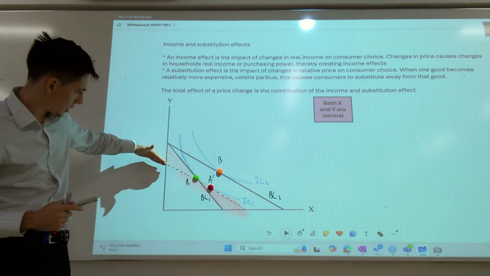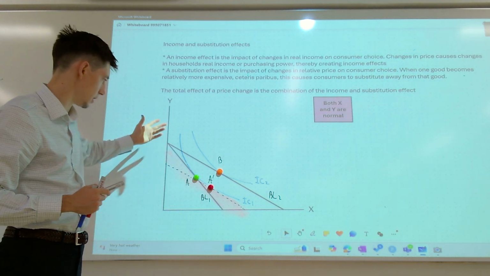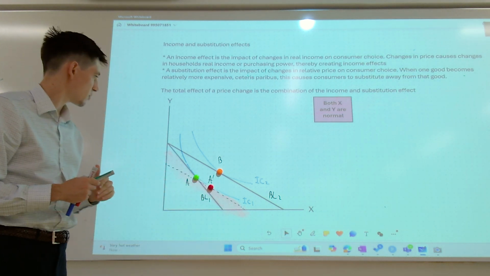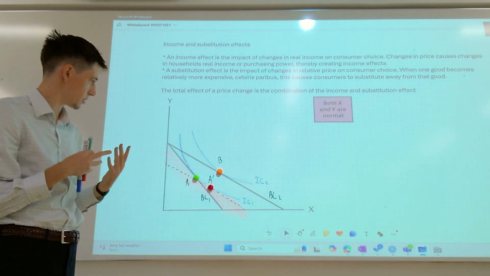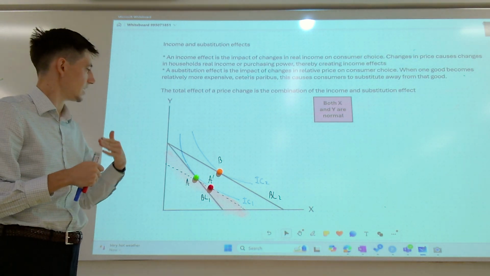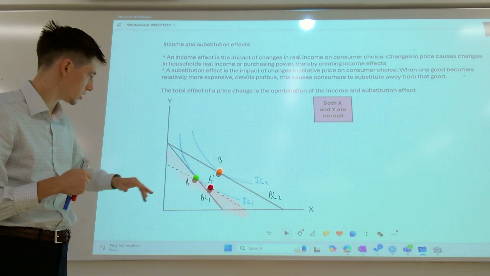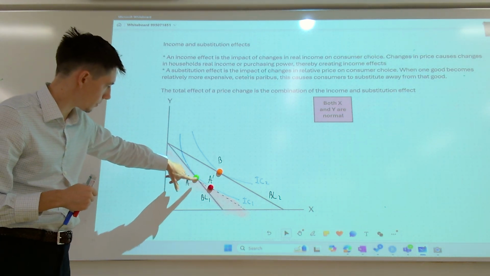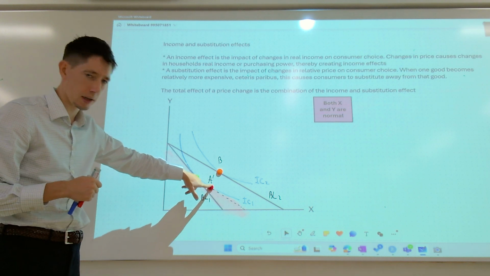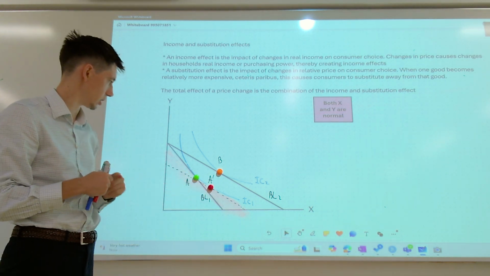We are presenting the consumer with the new relative prices, which is reflected by the gradient of this line, but we've actually taken away some of their money, some of their nominal income, in order to preserve their purchasing power, which is evidenced by the fact that they are only able to buy the same amount of utility that they had initially. Okay?